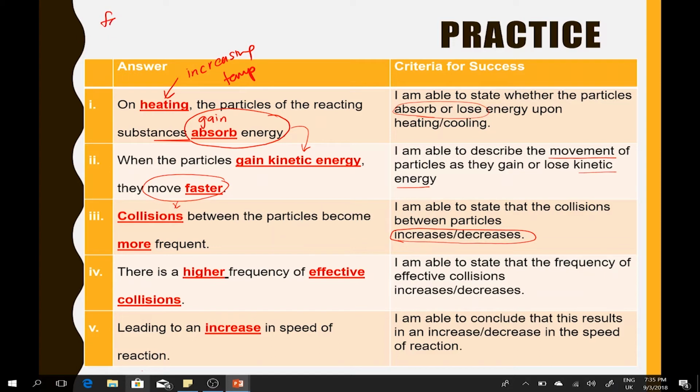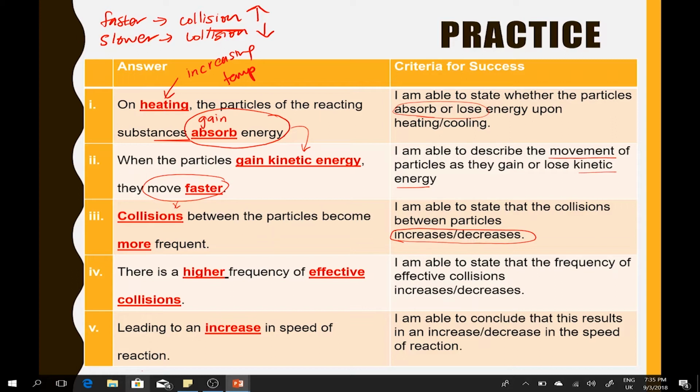Move faster, collision increase. Slower, collision decrease. Pardon my handwriting, it's a bit ugly. If you cannot read any of my handwriting, please inform your teachers and we can address the issue.